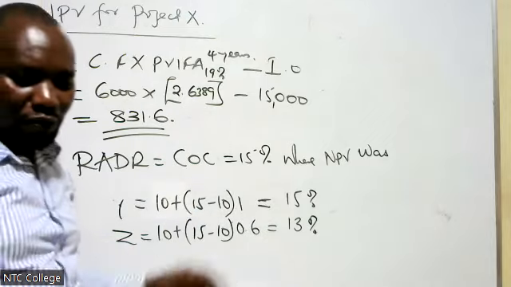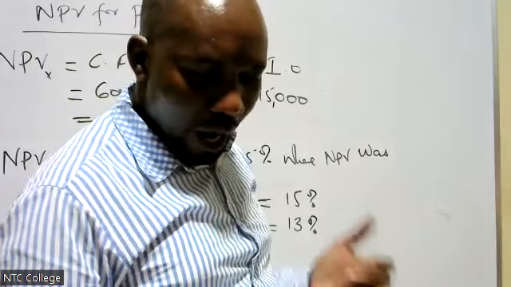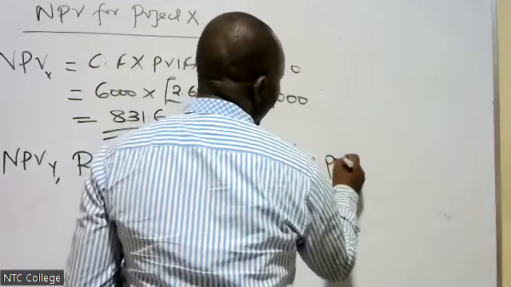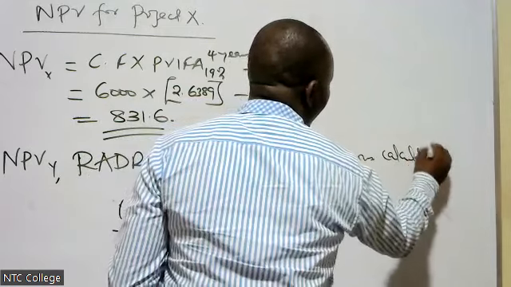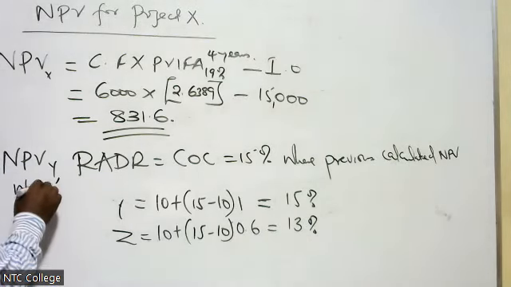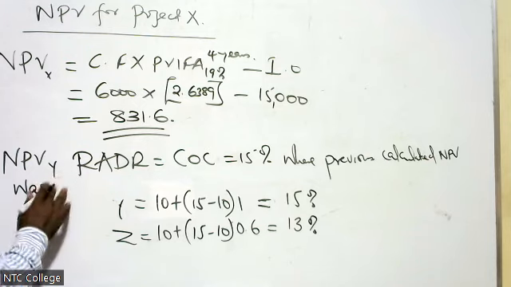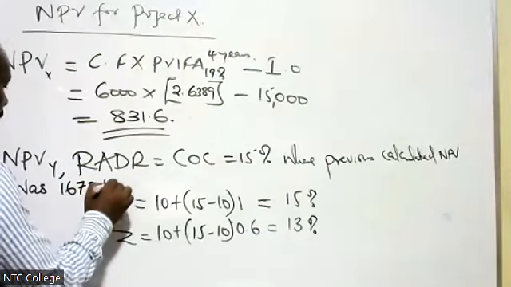So badala ya kurudia, unasema tu that NPV for Y, RAD is the same as the cost of capital, where our previous calculated NPV was 73.1.